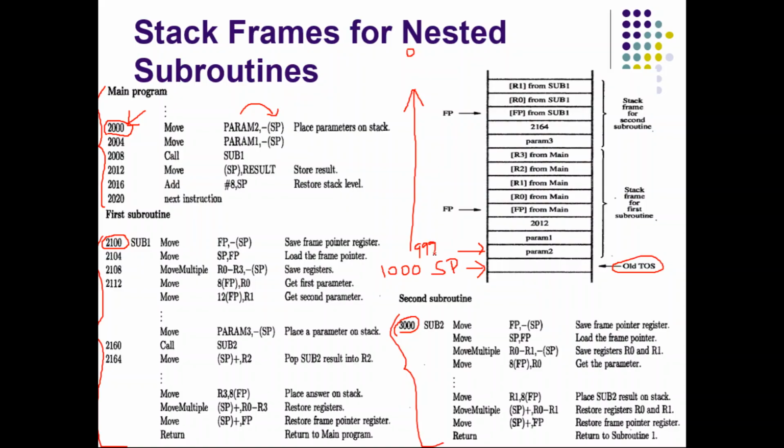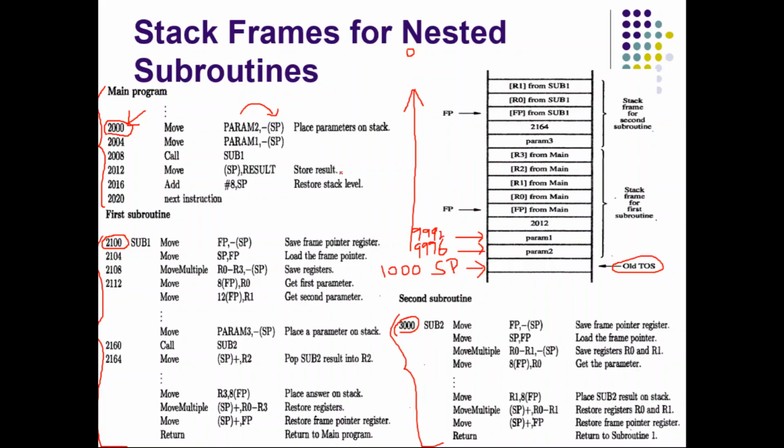The next statement moves parameter 1 again with pre-decrement of SP. So now the stack pointer is pointing here and parameter 1 is stored in location 9992. We assume the word size is 4 bytes.